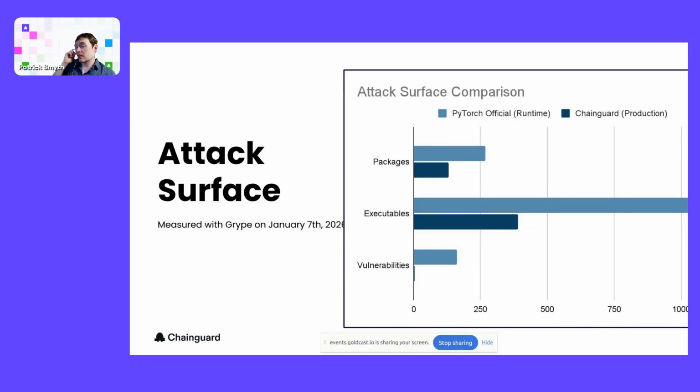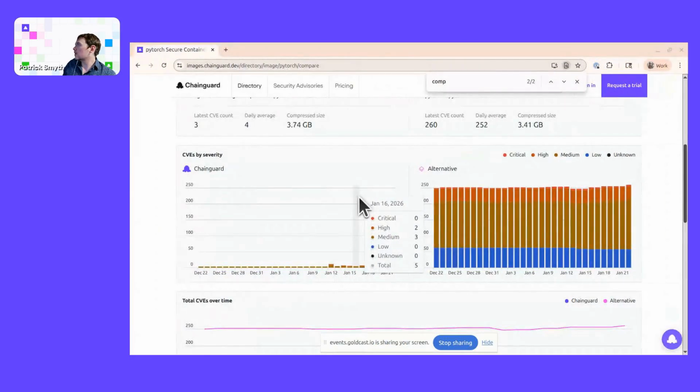I just want to quickly bring up our console. You can pull this up, and I think Lisa might share the link in the chat. But just to take a quick look at our console, you can look at our comparison there. For any of our containers, I find the console very useful. We'll have a list of the CVEs that are currently in there, information on them, advisory stuff, a useful README.